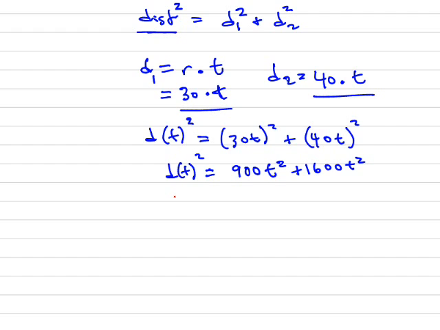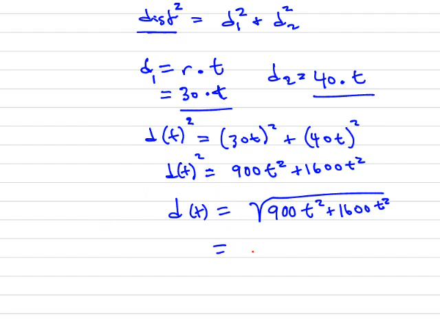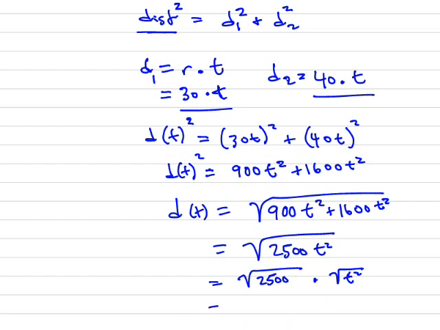So now we just need to take the square root of both sides, and we'll get d of t equal to the square root of 900t squared plus 1600t squared. That's going to be equal to the square root of 2500t squared, and that has a perfect square. We can break that apart into the square root of 2500 times the square root of t squared.